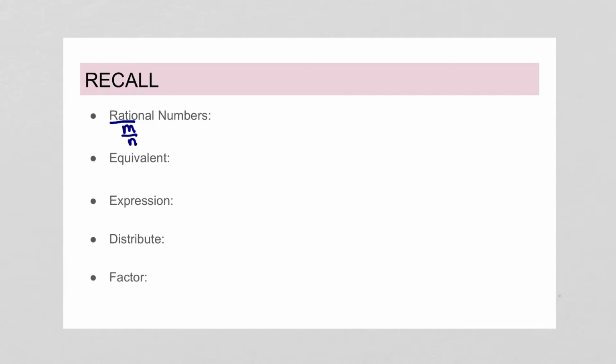It has to be able to be represented as a fraction. It could be positive. It could be negative. It could be 0. It can be a decimal as long as it is terminating or repeating.